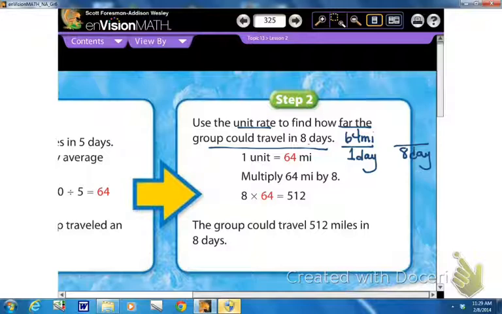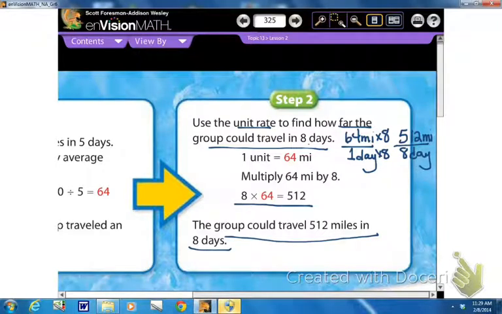So if we want to change 1 day to 8 days, we're multiplying by 8. So we're going to do the same thing to the number of miles because they can travel 8 times that amount in 8 days. 8 times 64 would give you 512 miles. So the answer is the group could travel 512 miles in 8 days.